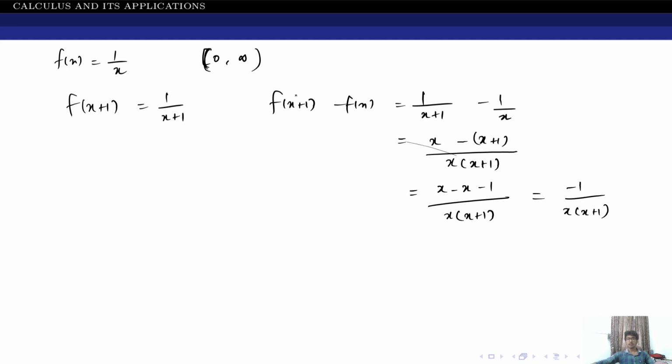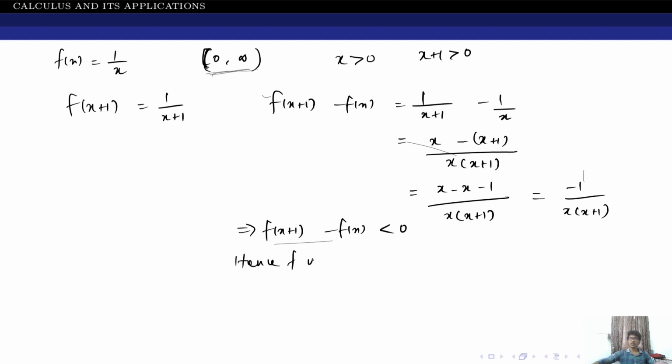You know that x can take values in this interval, which means x is a positive quantity. Whenever your x is a positive quantity, of course x plus 1 is a positive quantity. Your denominator is a positive quantity. Hence what you get is your f of x plus 1 minus f of x is a negative quantity. Hence f is a decreasing function.